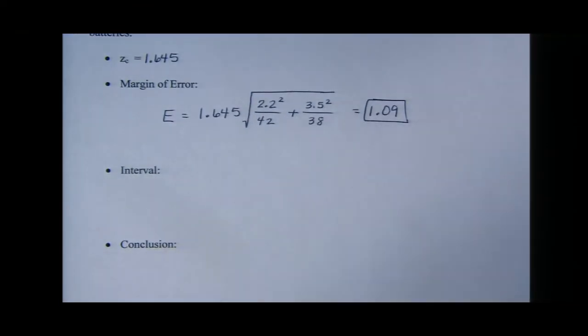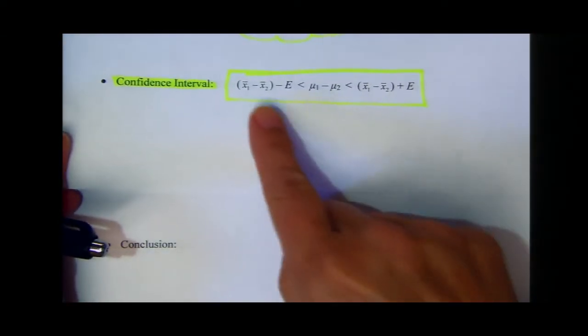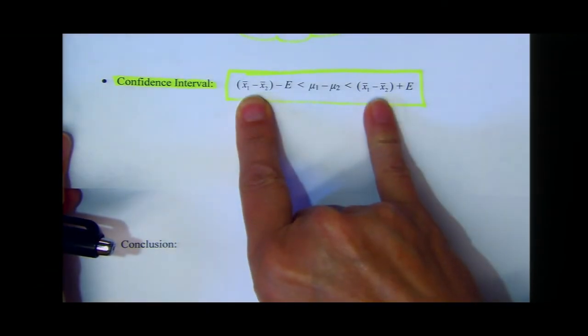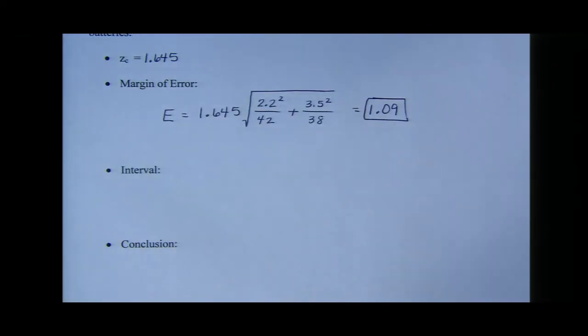So then my confidence interval, because we have 2 sets, is slightly different. On either side, instead of just x bar, I have x bar 1 minus x bar 2.